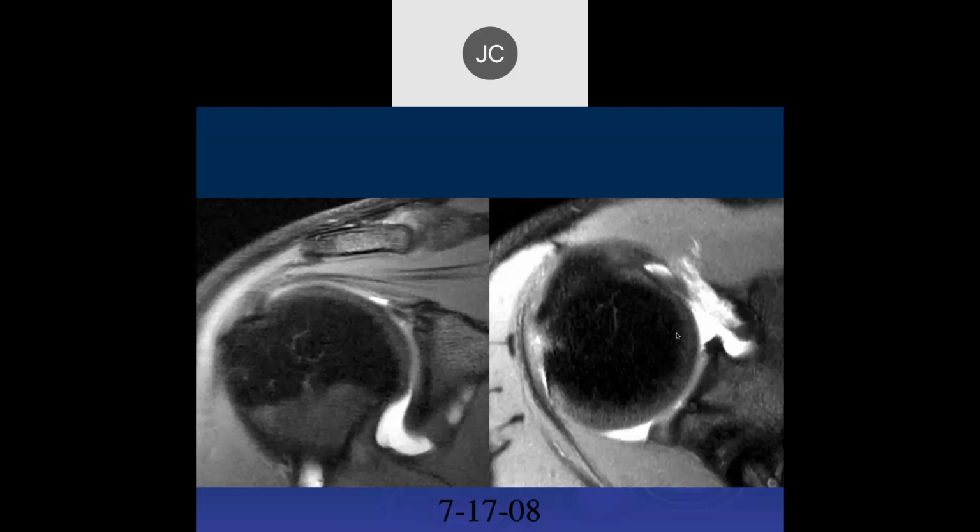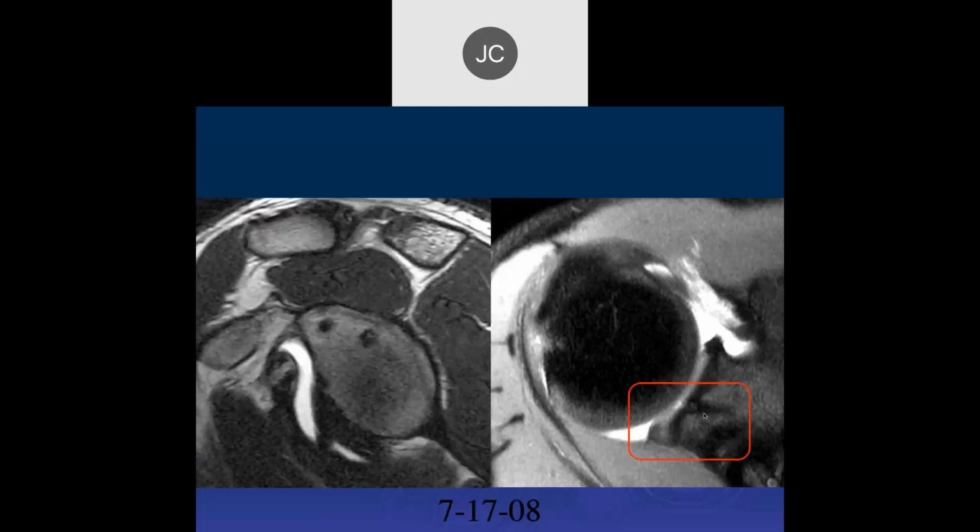So it looks like there's some interval scarring or adhesion at that superior labrum. Oh, there's an interval fixation of the labrum.